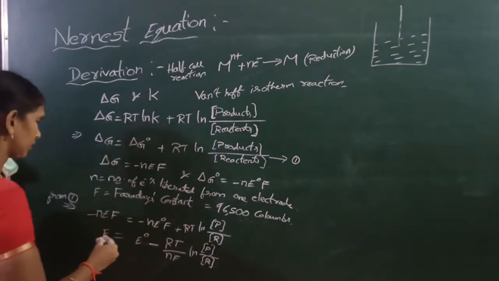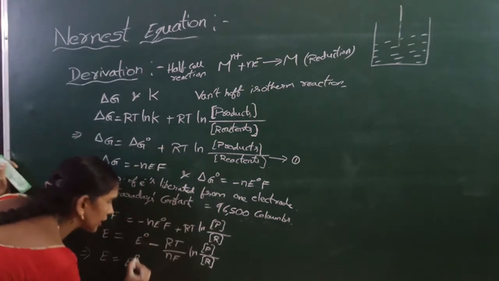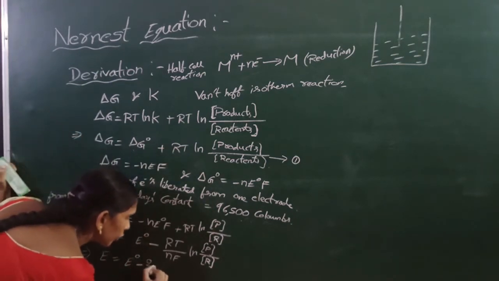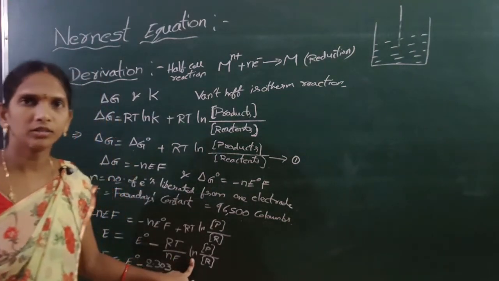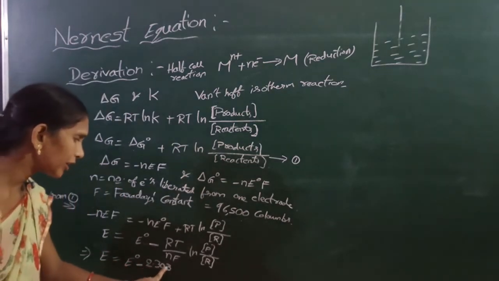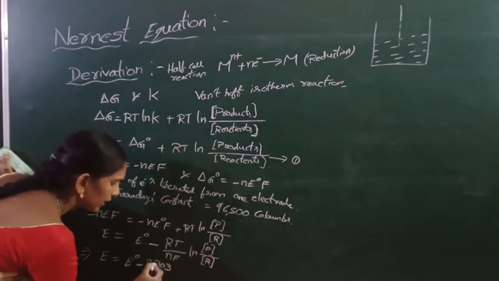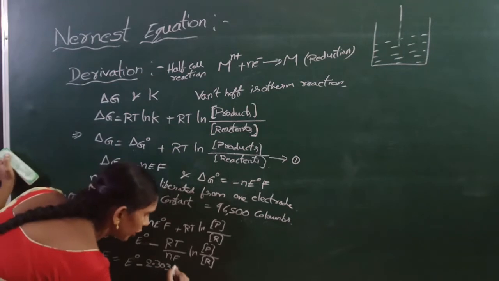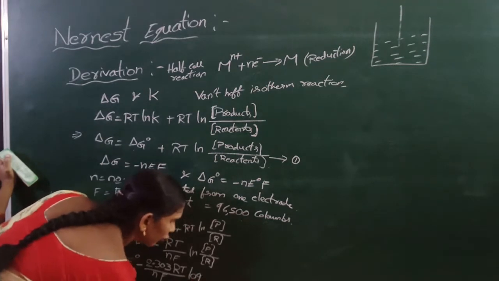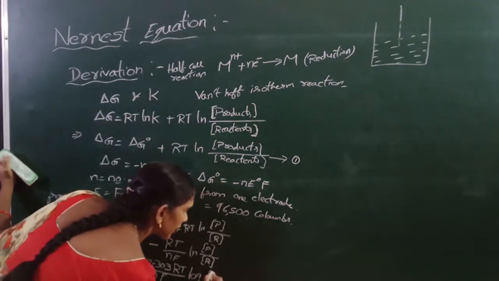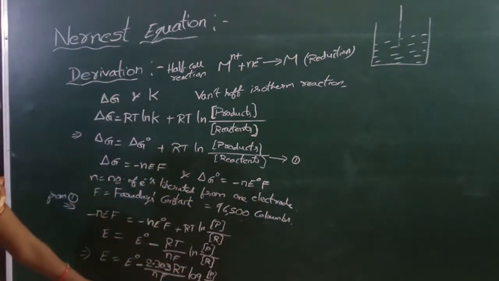Then the electrode potential E is equal to the standard electrode potential E naught minus 2.303 RT by nF log [products] by [reactants], since ln can be converted into log by multiplying with 2.303.